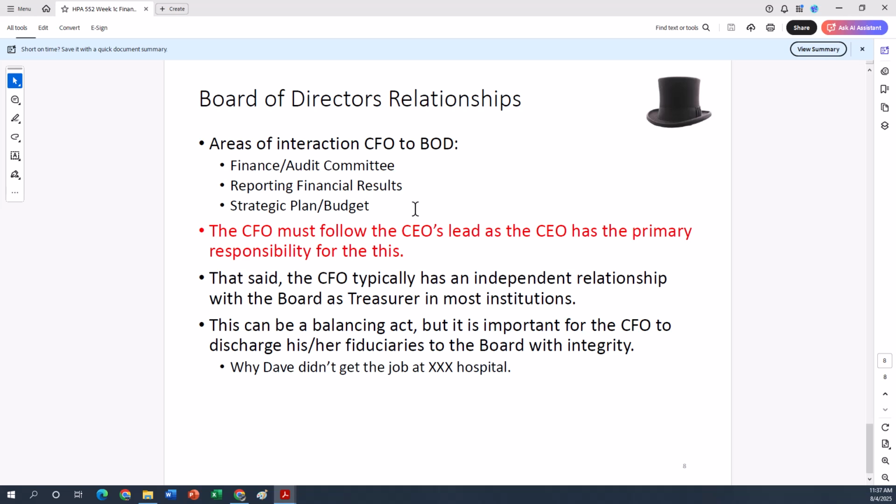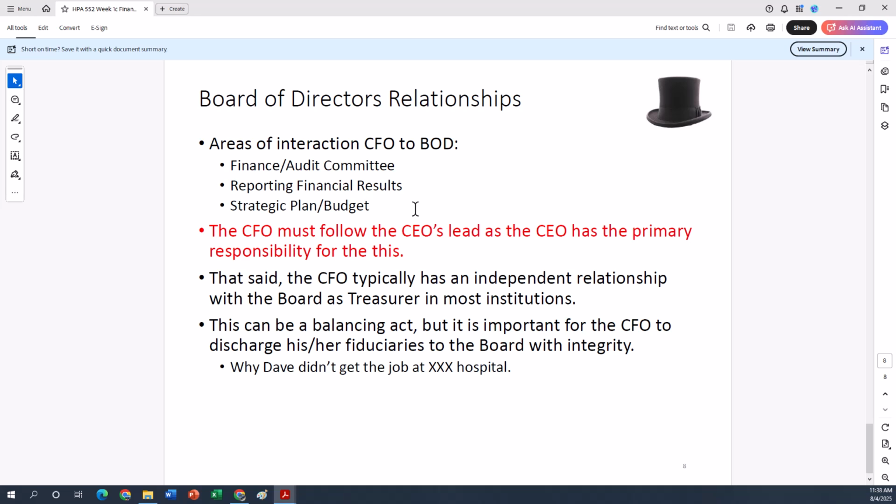In that context, a lot of CFOs serve as the treasurer of the institution as one of their titles, and that gives them that independent relationship. However, you don't want to be at odds with the CEO with respect to the strategic direction of the hospital or the institution, and you've got to maintain your integrity, and we'll get into that in the very last lecture.